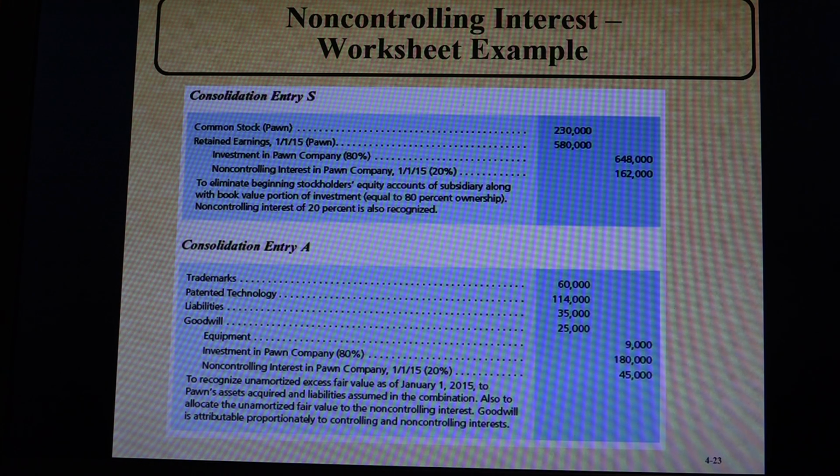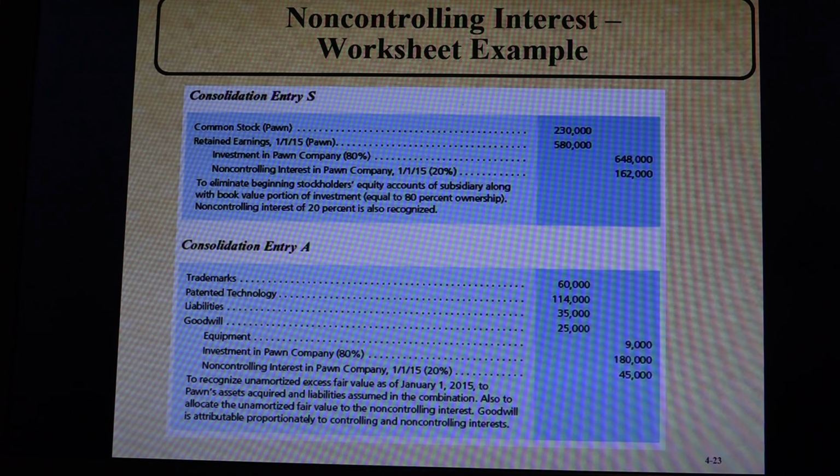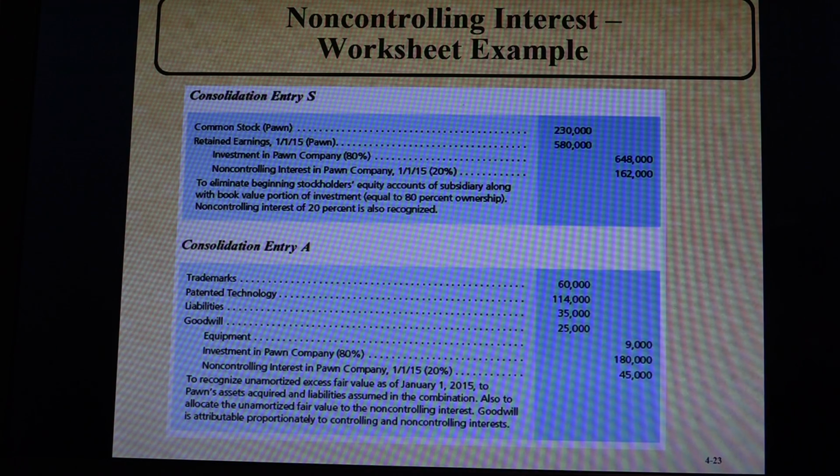And then what you're doing here, you're debiting the difference between book value and fair value of the assets acquired and liabilities assumed. So you're adding 60,000 to trademarks, 114 to patented technology. Here, let's see what you're doing there.